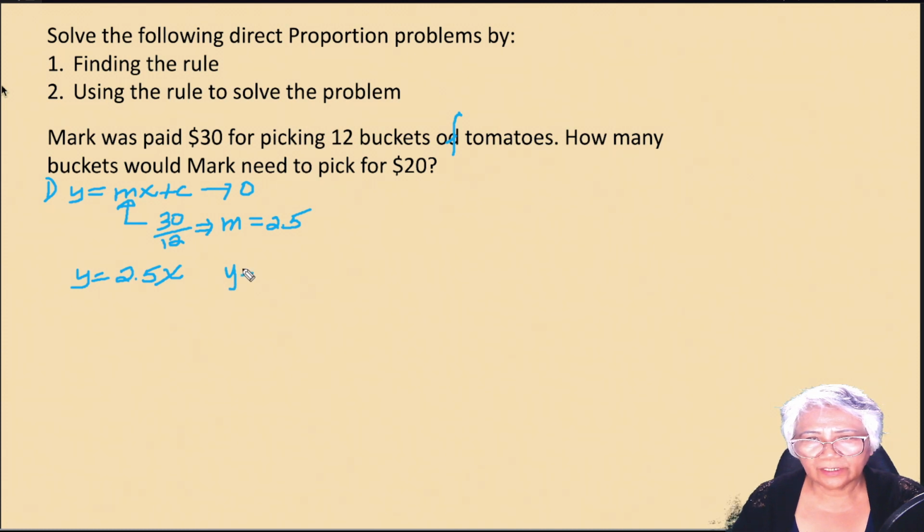Okay? So what is y? Y is the money paid, so that's the dollar, and the x would be how many buckets of tomatoes.